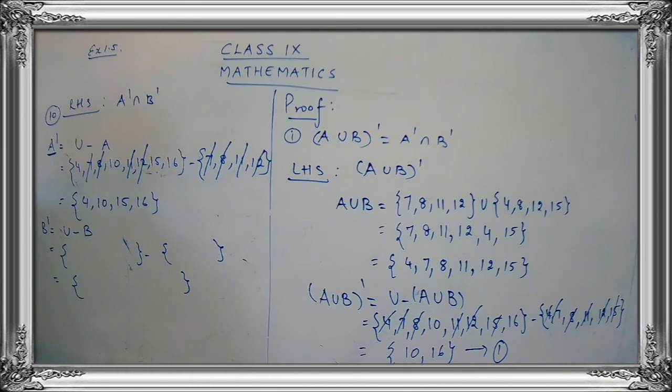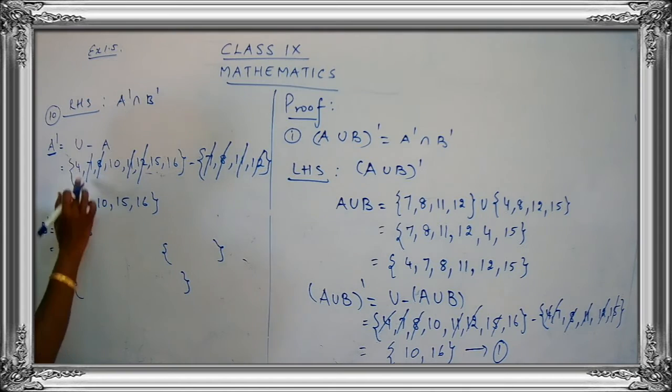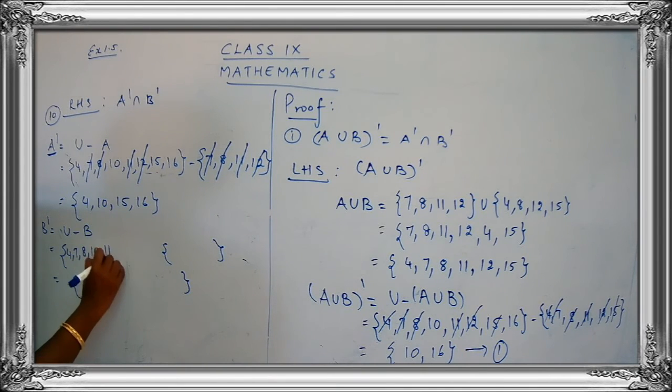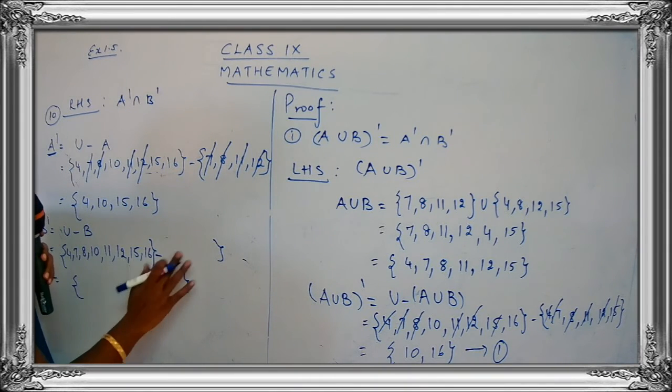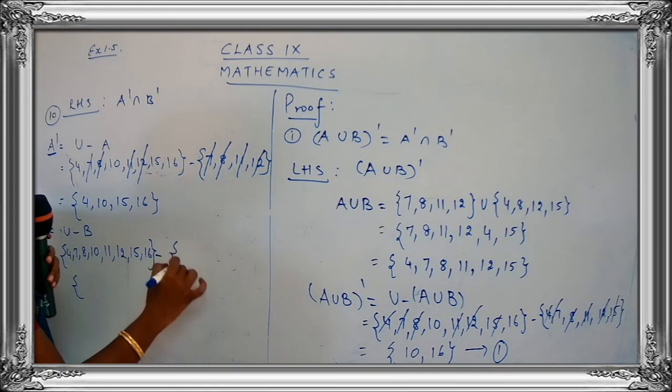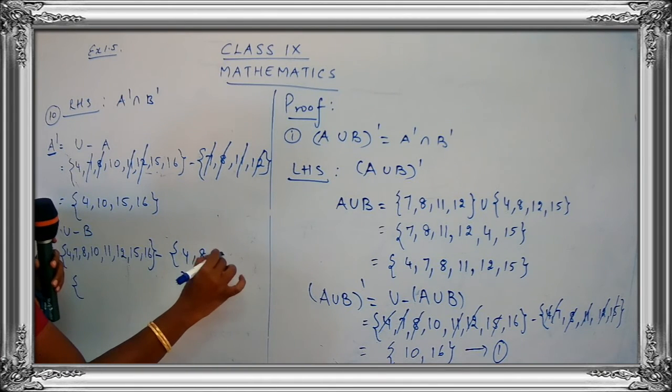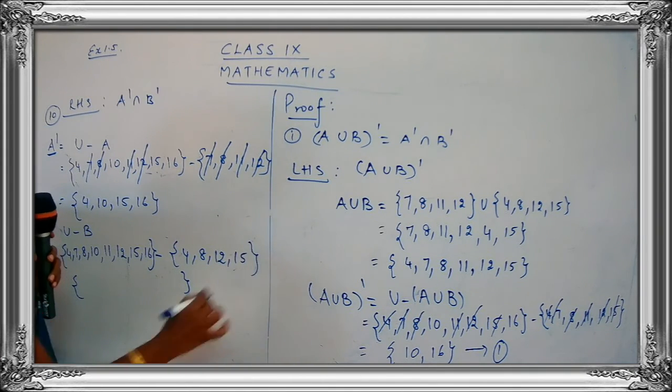Let's write down the members of U. What are the members of U? 4, 7, 8, 10, 11, 12, 15, 16. Minus members of B: 4, 8, 12, 15.